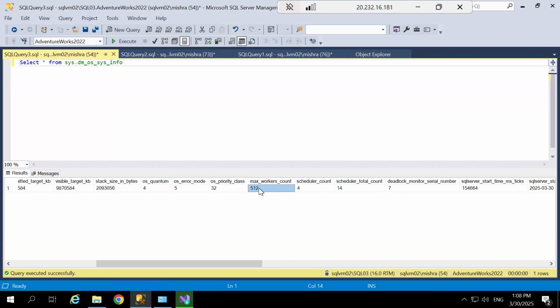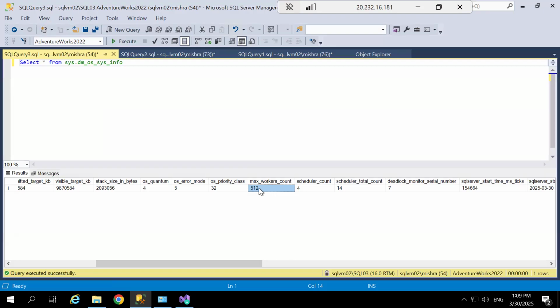So for 4 schedulers, here you have 512 workers. If you have 8 schedulers, I think you should have 576 workers on the system. If you have 16, I hope you should have 716 or something, right? You can Google that.